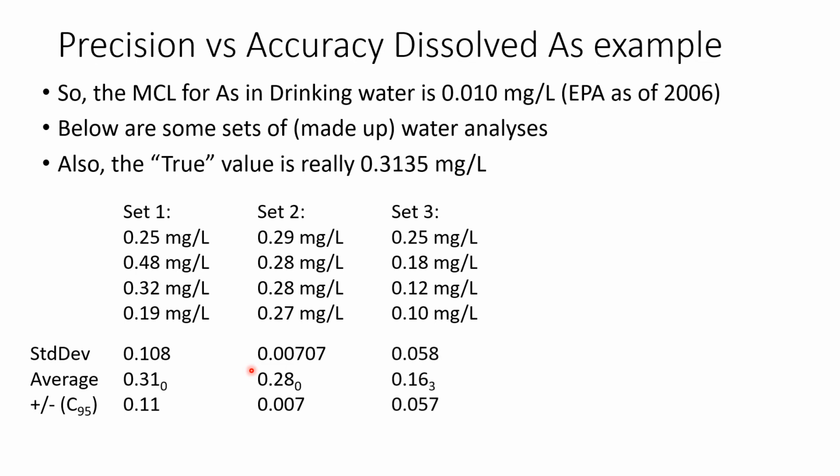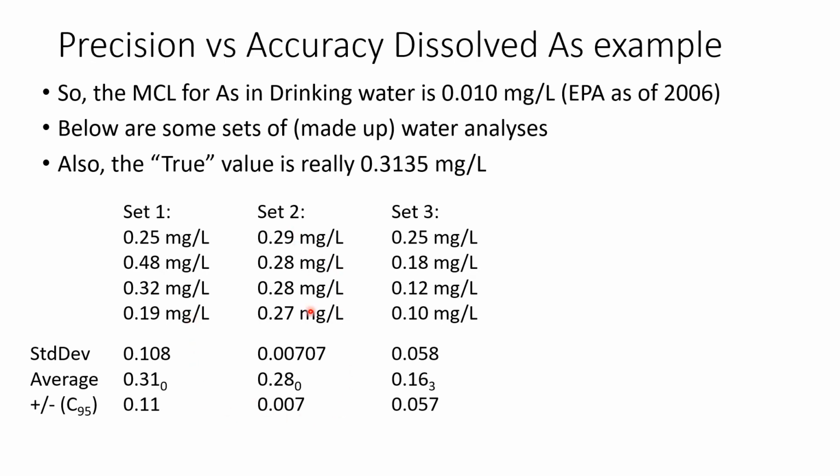And set 3, we have, well, their values are kind of a little bit random, right? 0.058 standard deviation, and also not in the right place. So what we have here is set 1 is an accurate but not precise set of measurements.